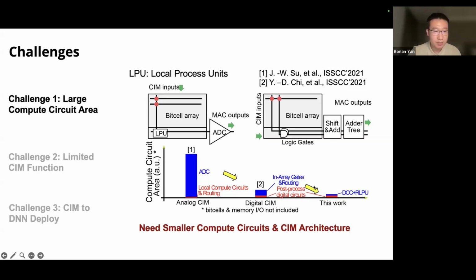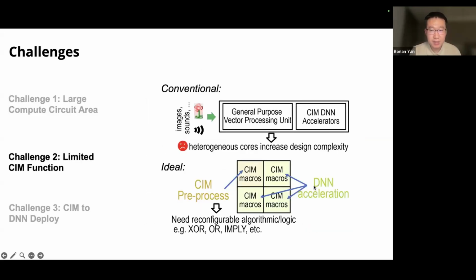The second challenge is that we have done a lot of computing memory designs, but all of them are for VMM, vector matrix multiplication, and just do the MAC computation.